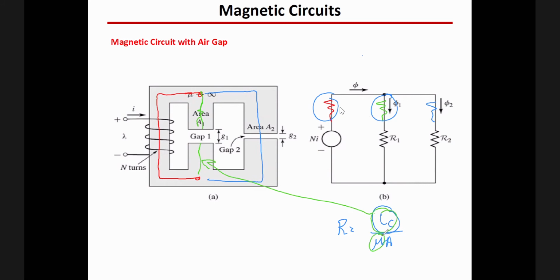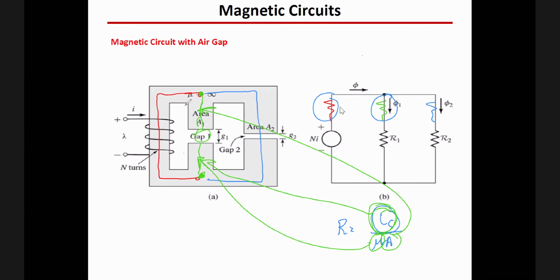We need to know exactly what is the mu for this and the cross-sectional area for this. So what is the average length for the central leg here? Well, it's the length from this point to this point, right? Subtracting the length of the air gap.